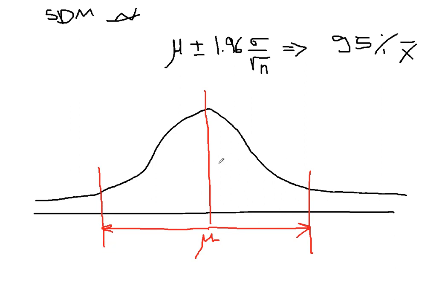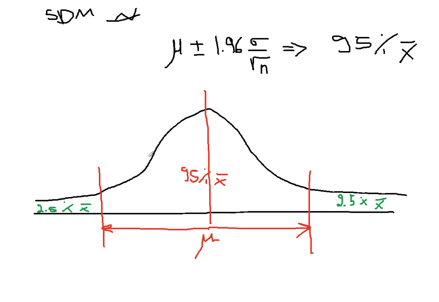What's in between is going to be 95% of the X bars, and what's left out here you have 2.5% of the X bars, and here you have also 2.5% of the X bars left out.